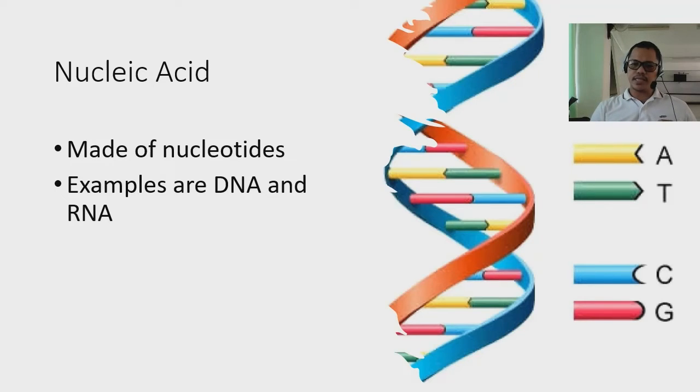So the basic structure of a nucleic acid are nucleotides. An example of nucleic acid will be the deoxyribonucleic acid or DNA, and the ribonucleic acid, which is called the RNA. So all of this will be discussed thoroughly in the next chapter of this presentation.